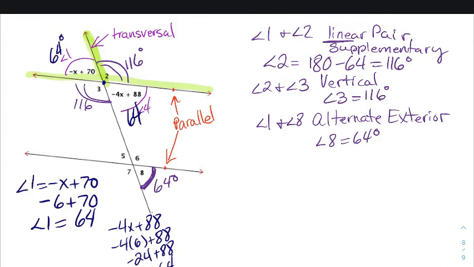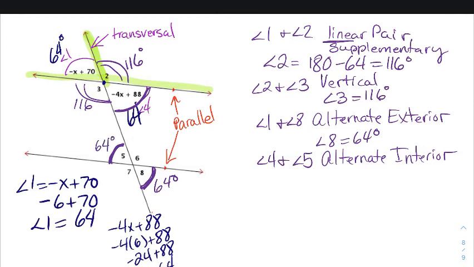We could say that angle 4 and angle 5 are alternate interior angles. So again, that's from 4 to 5, and so it's also 64 degrees.